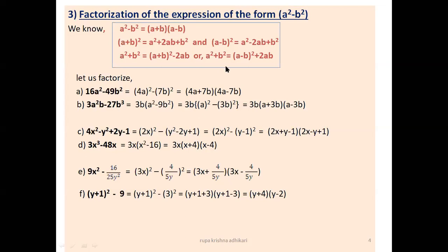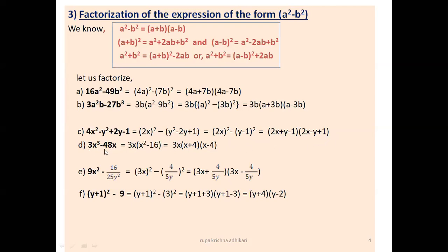It can be written as a minus b whole square, that is y minus 1 whole square. Now it is of the form a square minus b square. In place of a you have 2x, in place of b you have y minus 1. Therefore a plus b into a minus b, that is 2x plus y minus 1 into 2x minus y plus 1. Hence the result.